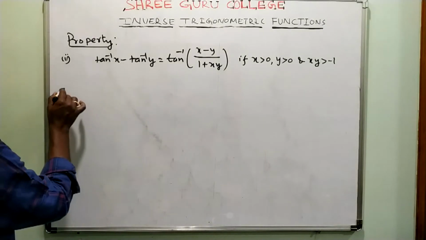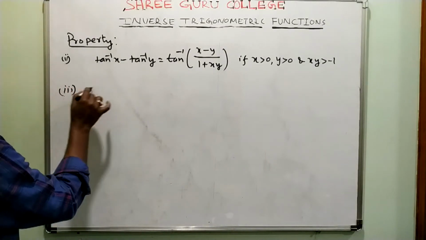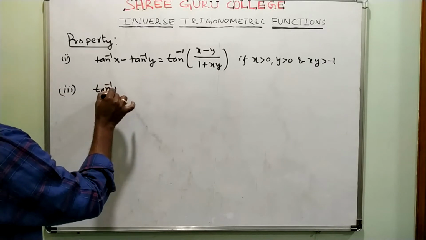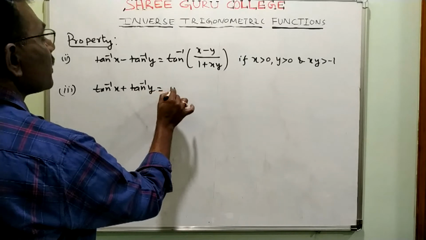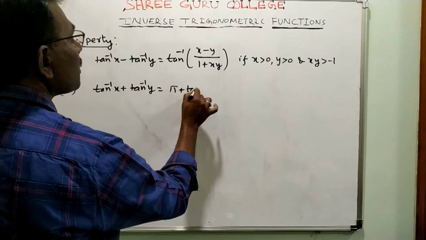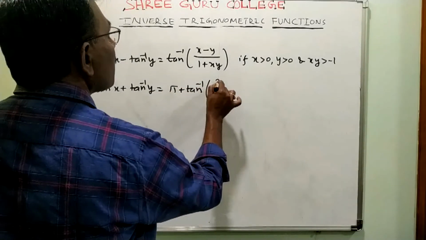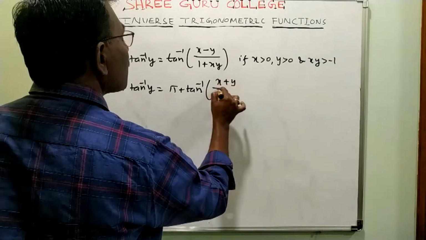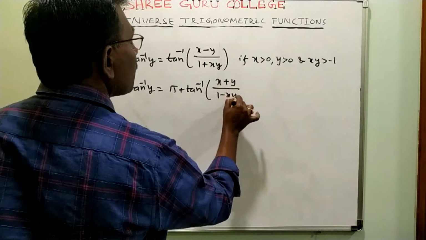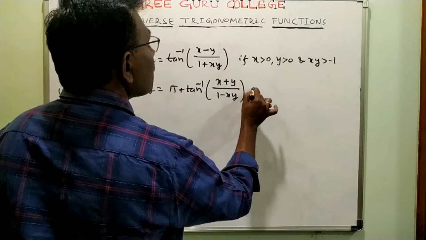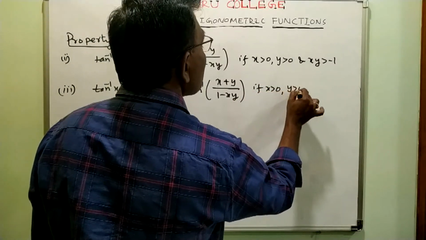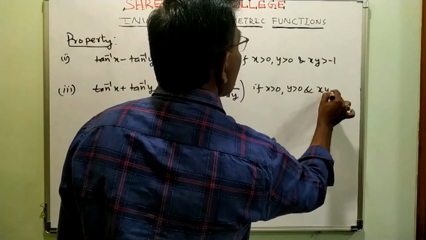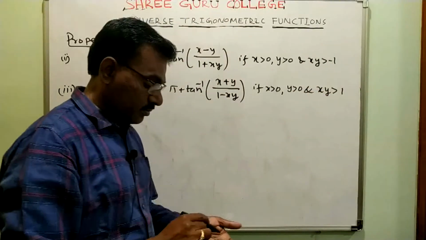So another is the third one: tan inverse of x plus tan inverse of y equals pi plus tan inverse of (x plus y) by (1 minus xy), if x is positive, y is positive and xy greater than 1.